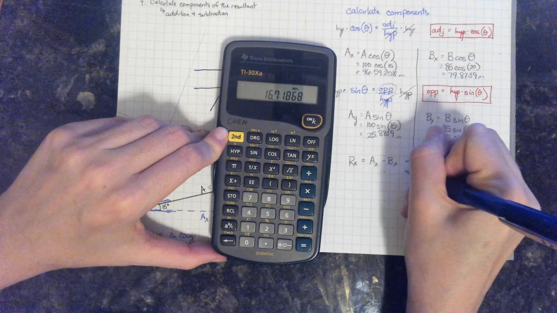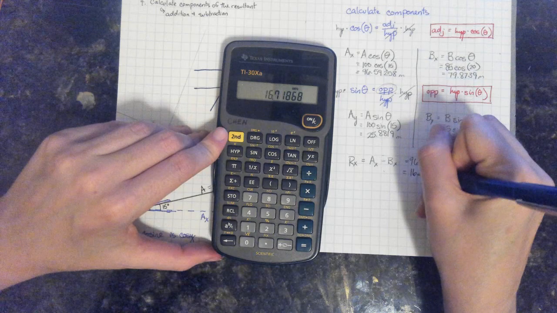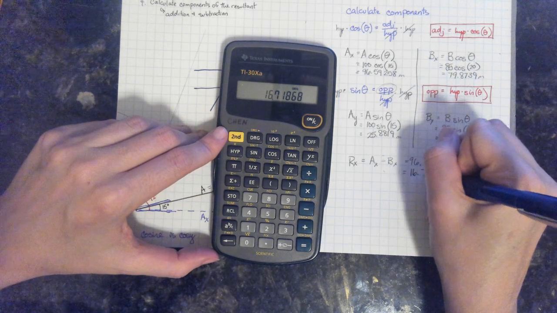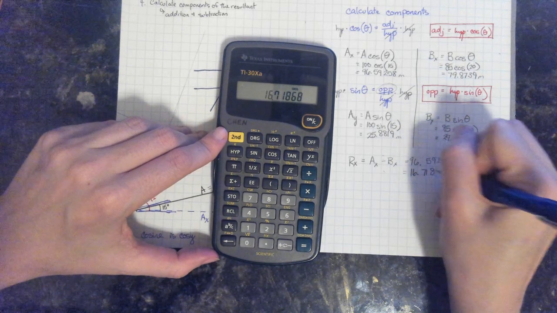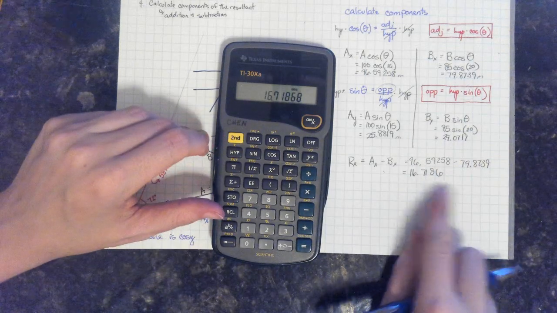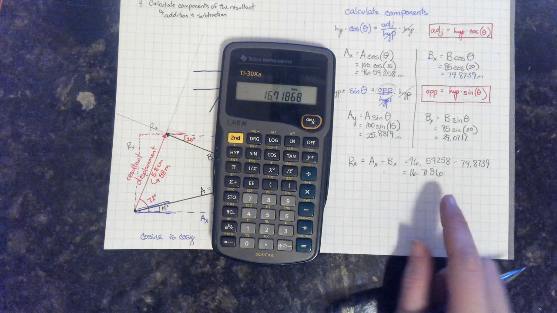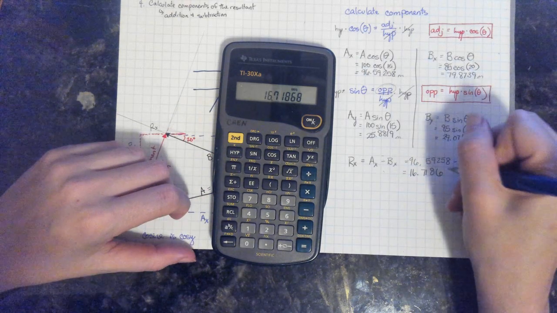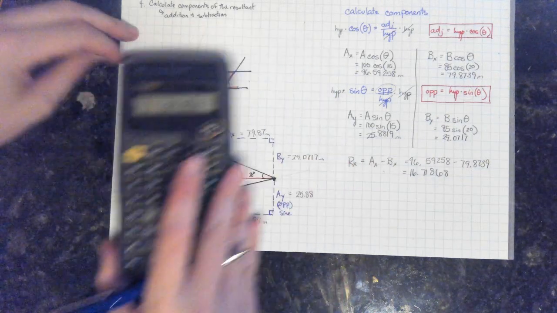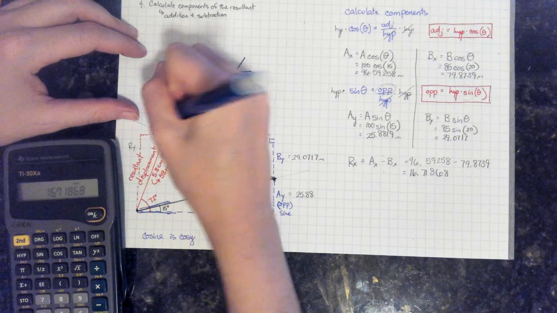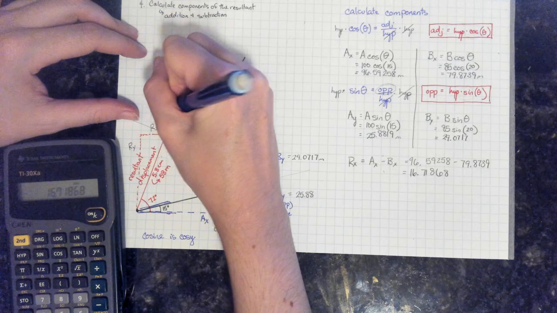So this is 16.7186. Again, we're not quite done with this number yet, so I'm keeping a lot of decimals. 868. I'll keep one more. And I'm going to just put 16.71 over here.